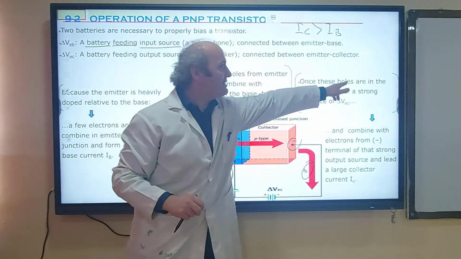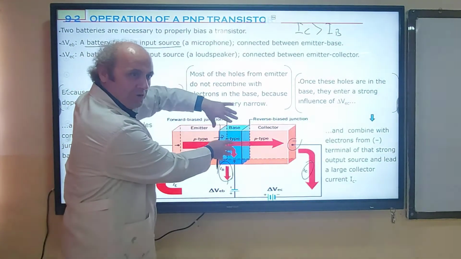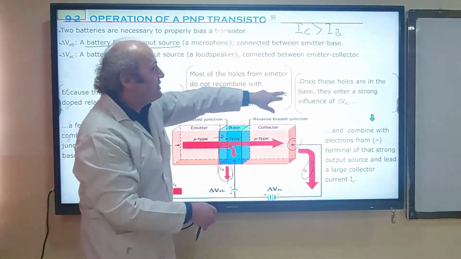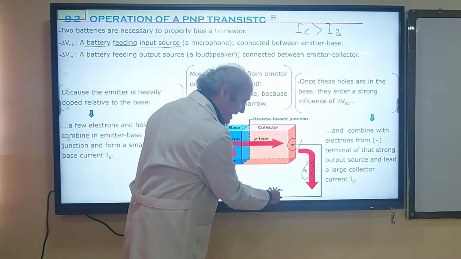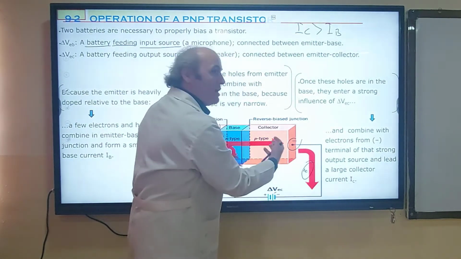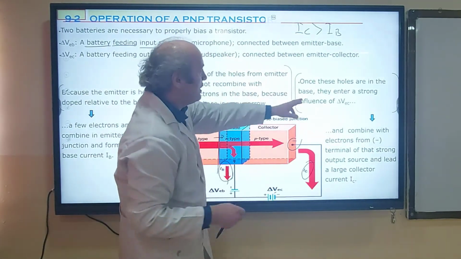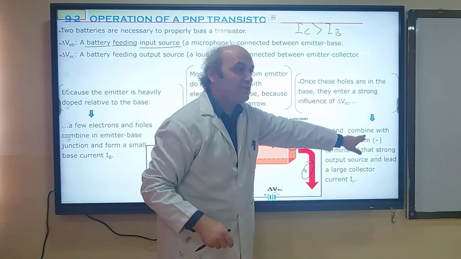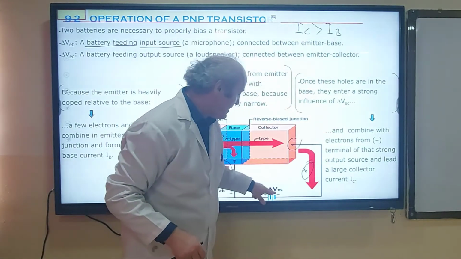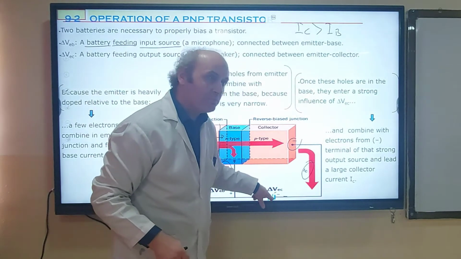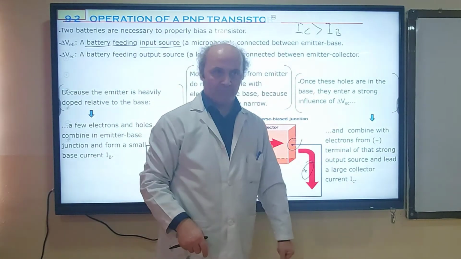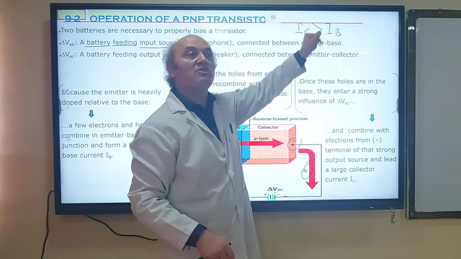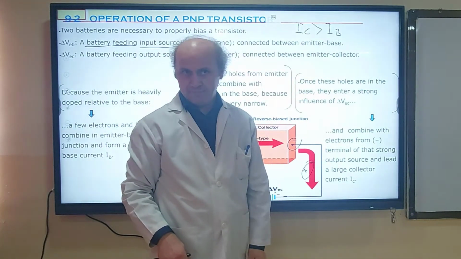Then, once these holes, which are 990 of them, are in the base, they enter the strong influence of delta VEC, and this negative strong influence pulls them. And these holes start to combine with electrons from the negative terminal of the output source and lead to a large current IC. IC is much larger than IB.